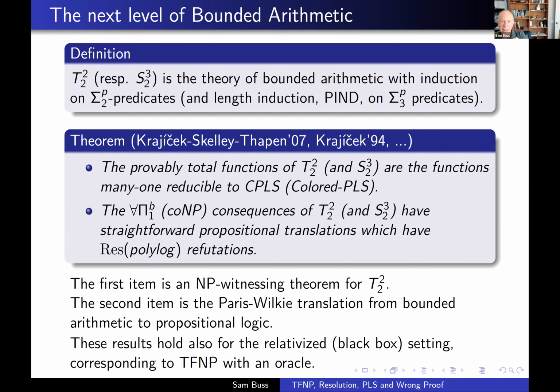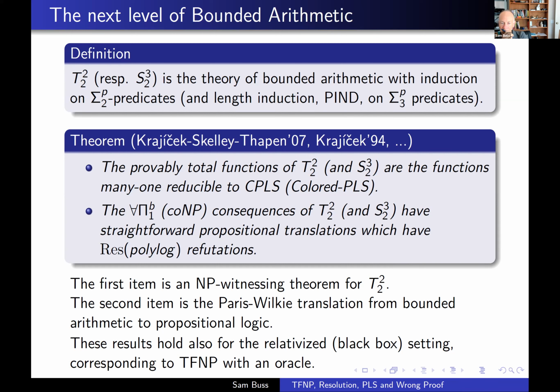And as Neil mentioned already, the provably total functions of these theories are the functions that are many-one reducible to CPLS. And I will give you the definition of that in a moment. And the Paris-Wilkie translations for these theories give us that the universal consequences of these theories have straightforward propositional translations, which have res polylog refutations.